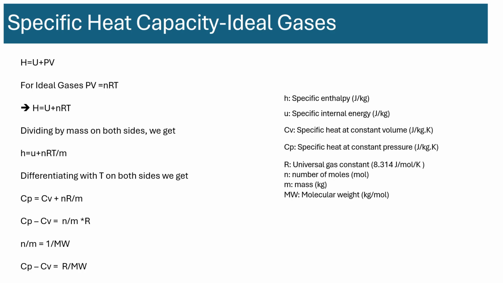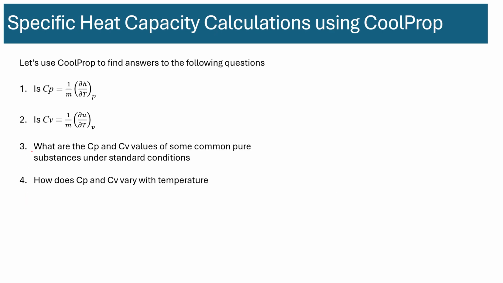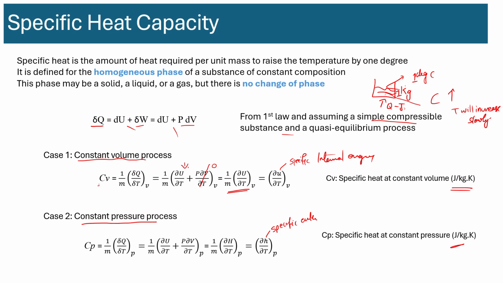Now, Cp and Cv, especially for ideal gases, right? You know that H is U plus PV, which is the definition of H. And for ideal gases, PV is nRT. So you can replace H as U plus nRT. Okay. If you divide by mass on both sides and convert to specific values, specific enthalpy is U plus nRT by M. Now, if you differentiate both sides with temperature, you get this as a differentiation of temperature, which in the previous slide, you know that that is Cp, and the other one is Cv.